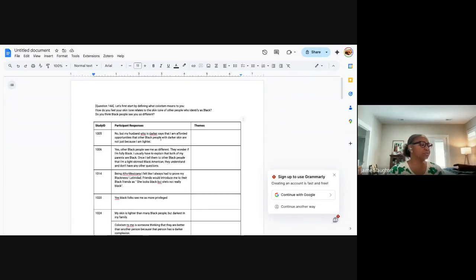We all read through the participants' responses a couple of times before we even started making notes of themes. Then we each on our own went through and started to name some themes and entered them in this column.